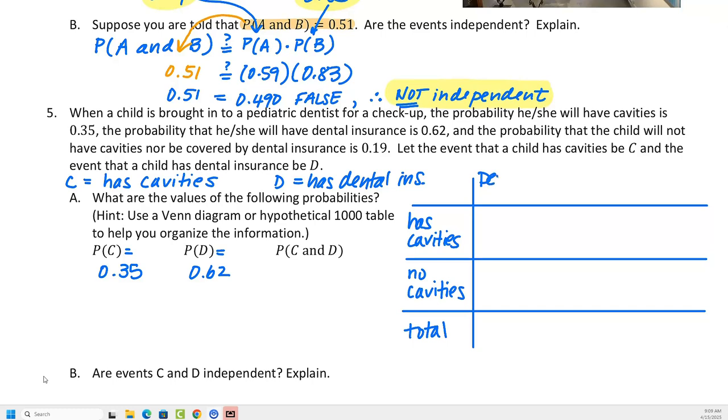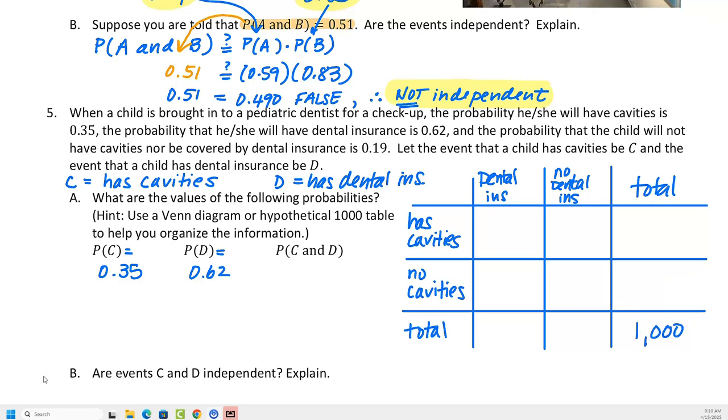Here's going to be dental insurance. And then here is no dental insurance. And then total. So I'm going to use a 1,000 two-way table.